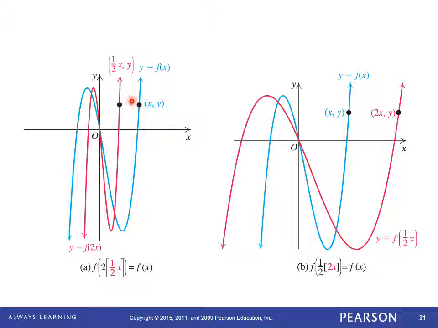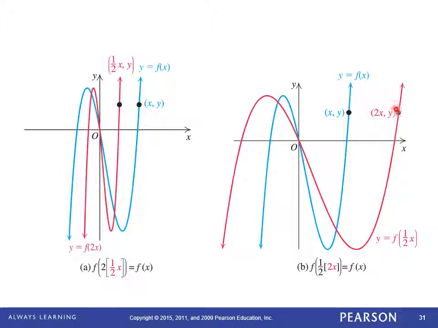That's for something having a 1/2 in front of it. The function itself is 2x. This function is 1/2 over here, and now what's happening is it's going out twice as much. The x and the 2x is just a relationship between the x values here.